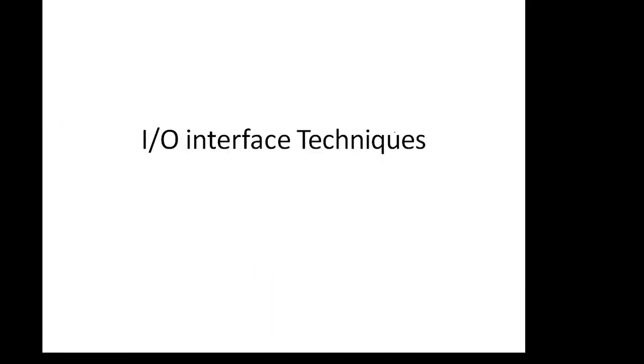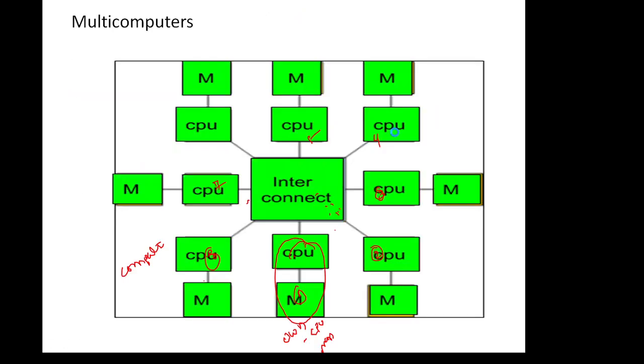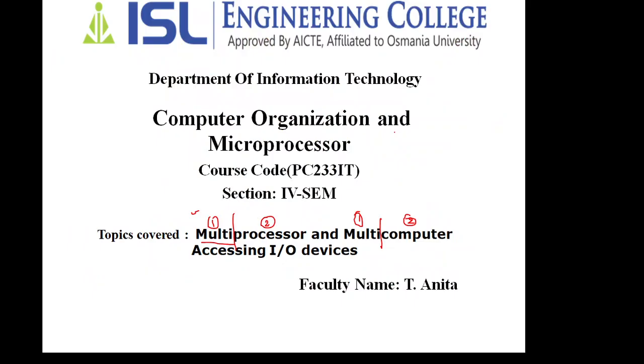Fine. And the next one is I/O interface techniques. There are many techniques, but we don't want to go into that much depth when we talk about the I/O interface. So, accessing I/O devices.